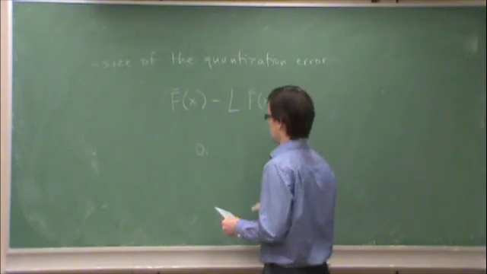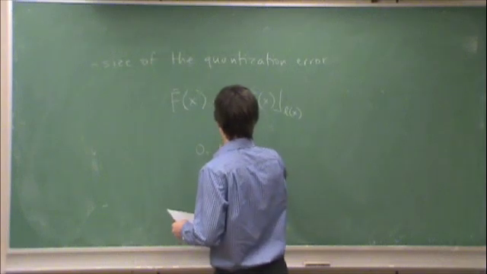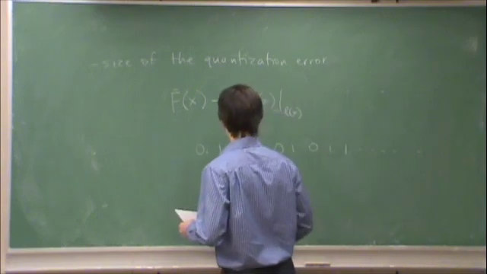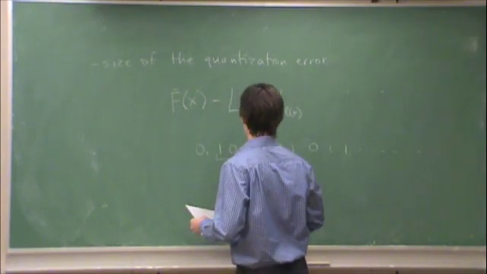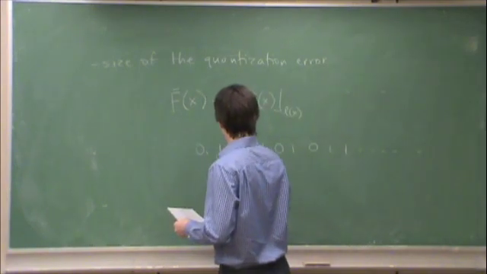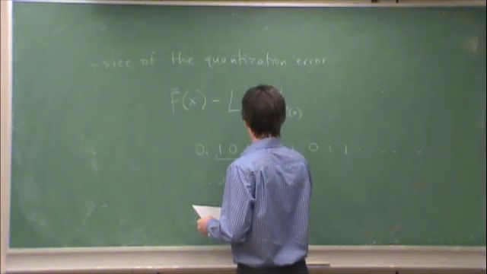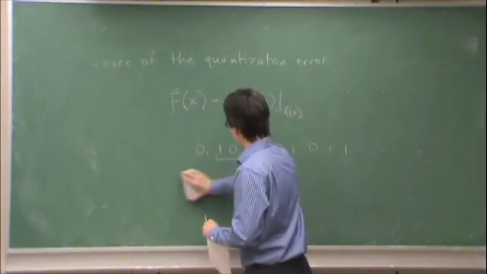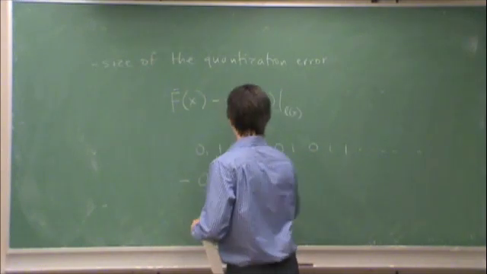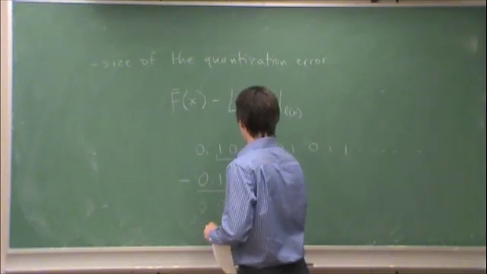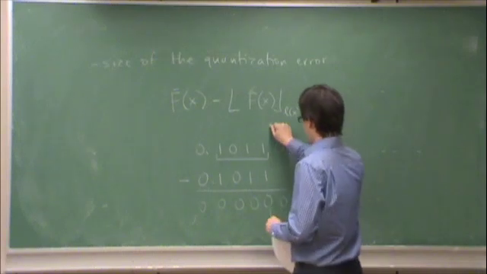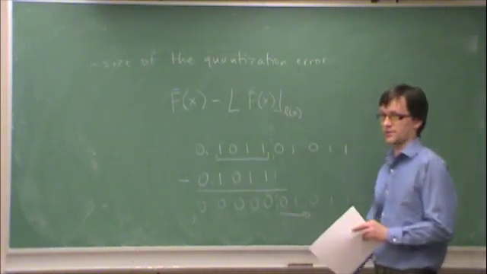Let's say for a concrete example, the binary representation is this, so on and so on, and let's say L of x is 4, so I'm taking the first 4 bits. So the error, if I subtract, what I get is 0.0000, and then I start here. So everything to the right of there is error.